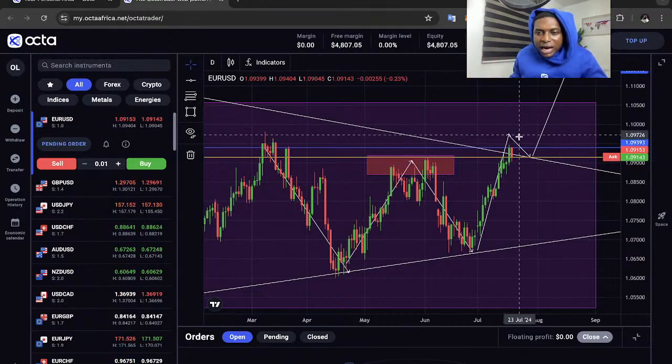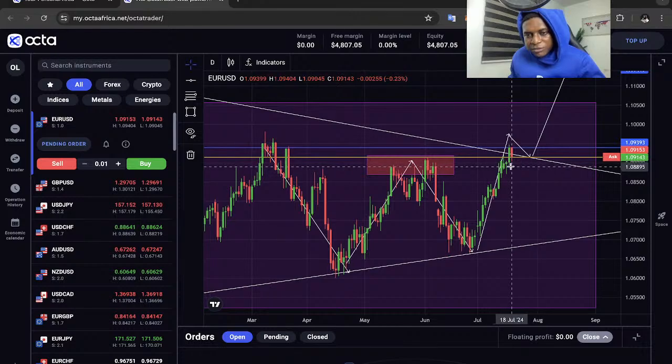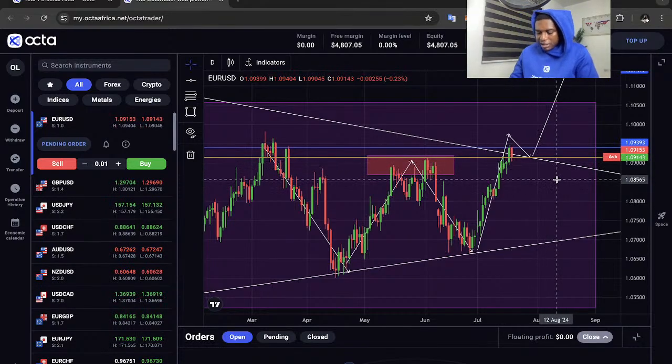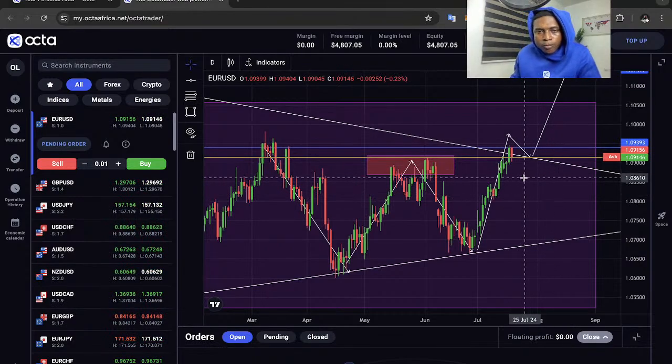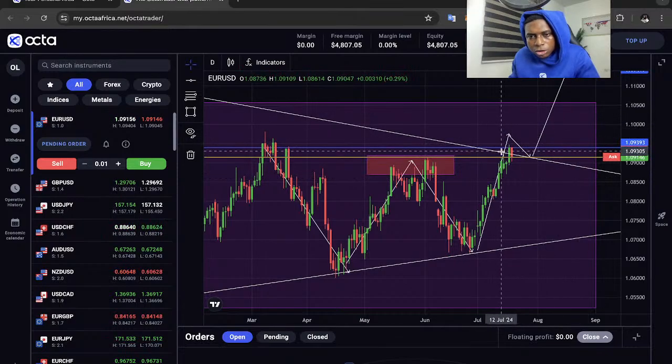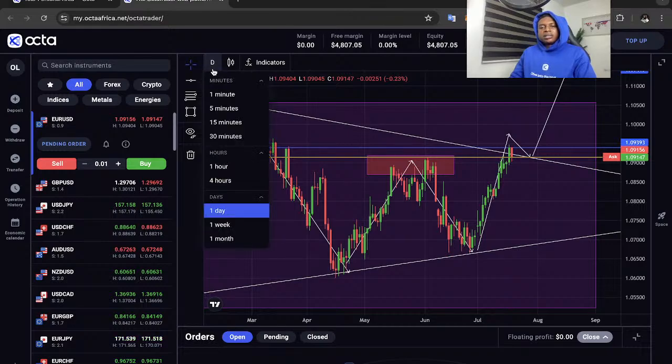But the moment we have the market close below the previous candle, a sell signal is definitely activated. All right, good. So from here now, let's go down to the 4 hours time frame.